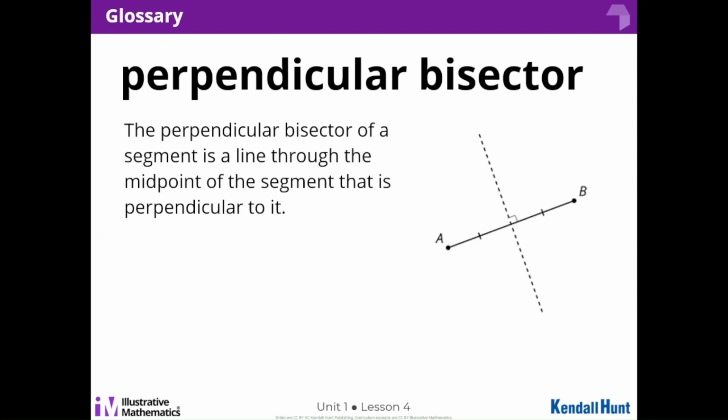And because it does this at a 90-degree angle, every single point on that perpendicular bisector is going to be the exact same distance away from the endpoints of the line that it cuts in half. So it's got to run through the middle of the line segment, and it's got to do so at a 90-degree angle.